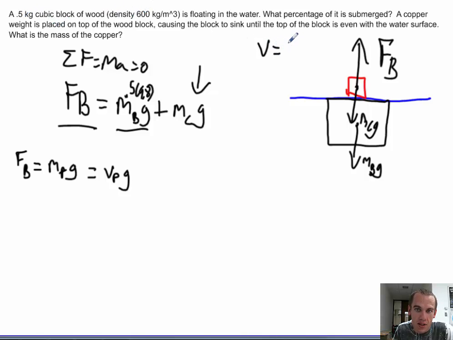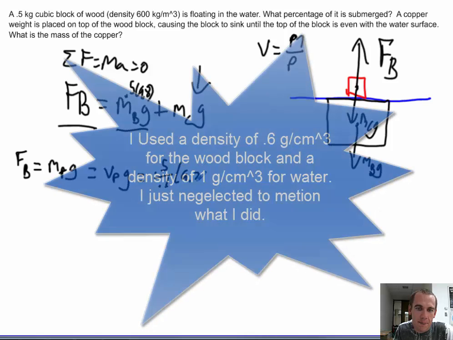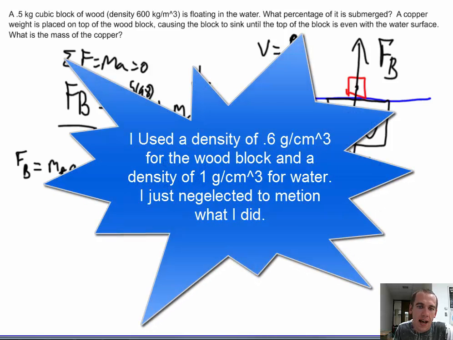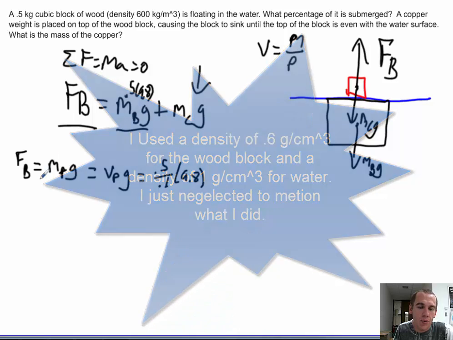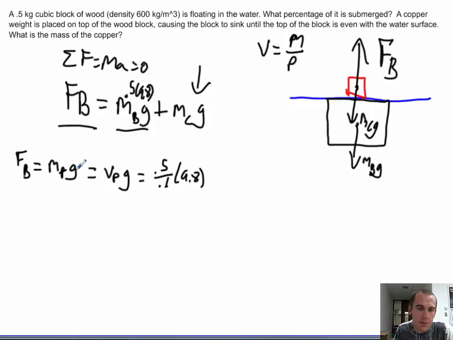Remember, volume is mass divided by density. So if I take my 0.5 divided by 0.6 times 9.8, I know the weight of the displaced fluid.